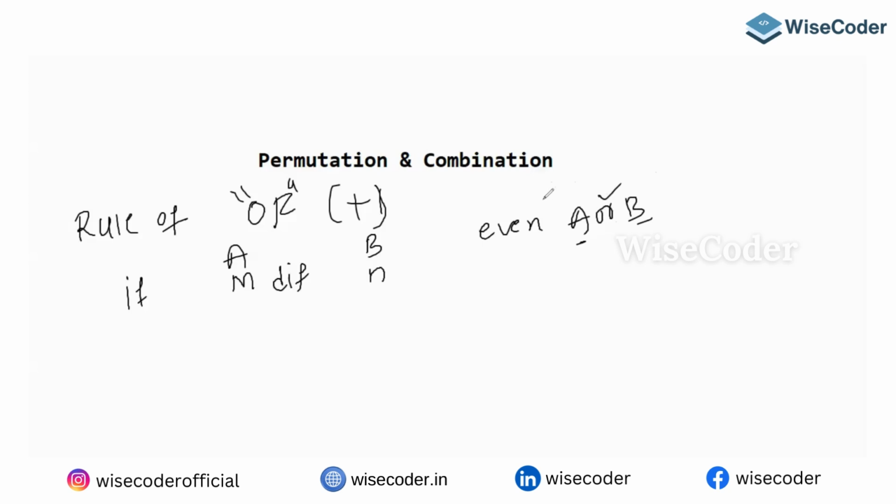In the previous case, the conjunction was "and". So the total ways must be m plus n ways.